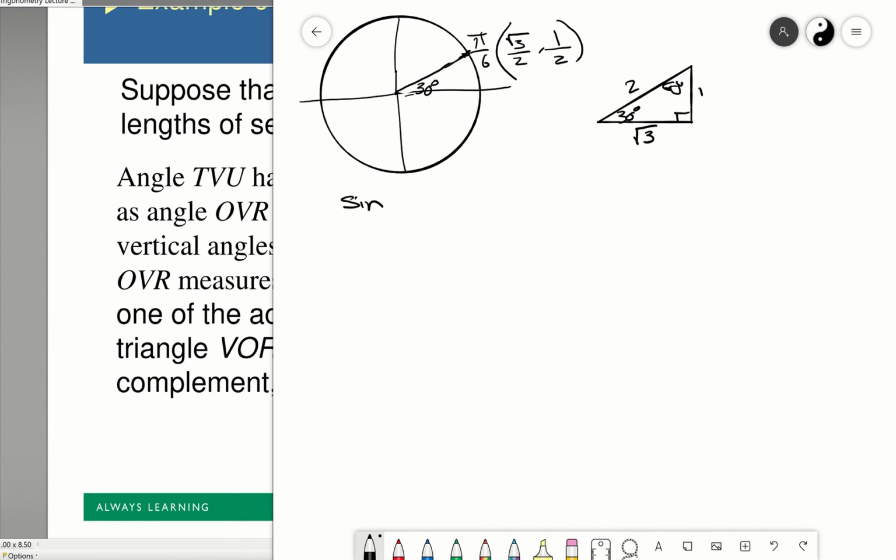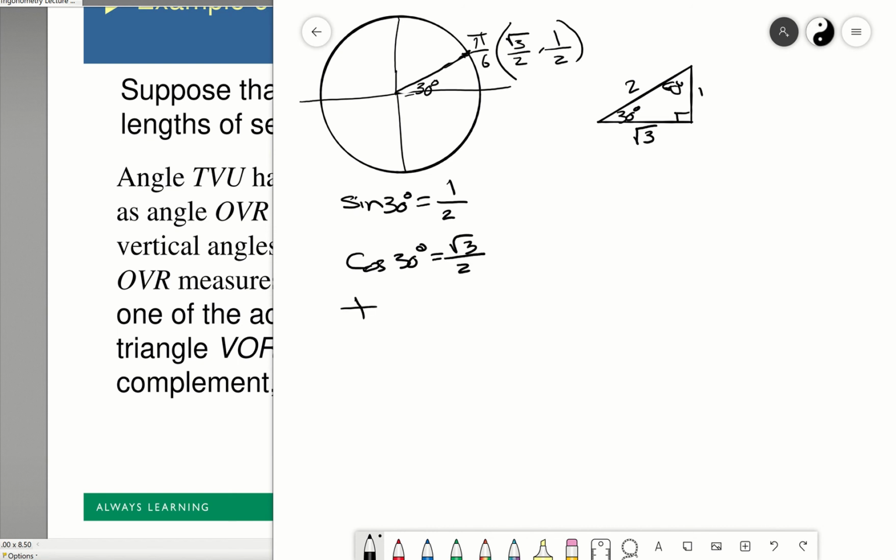So we have sine of 30 degrees equals 1/2. The cosine, remember, sine is the y value. The cosine of 30 degrees is going to be the x value, which is square root of 3 over 2.